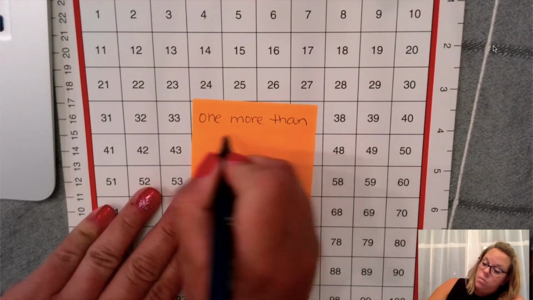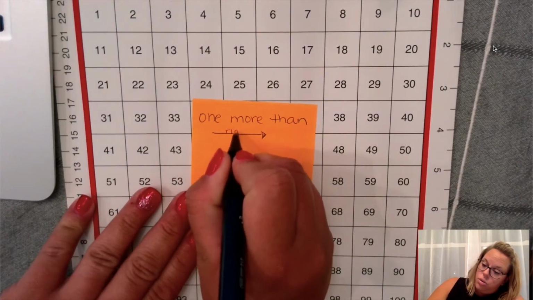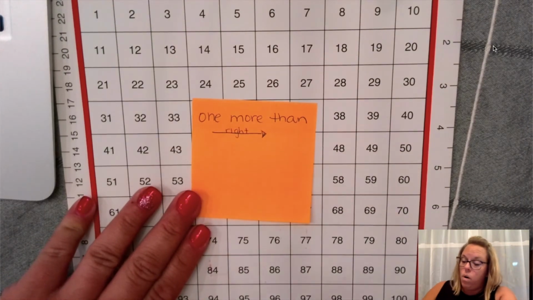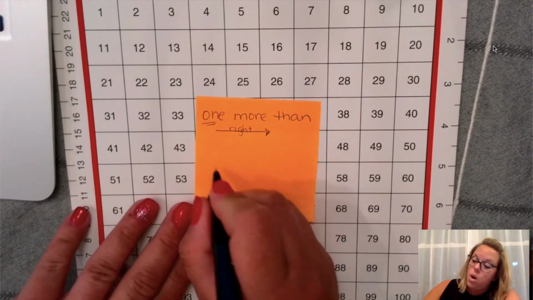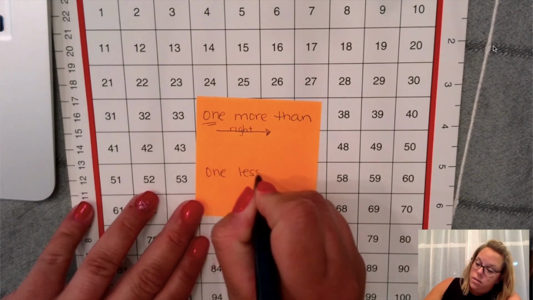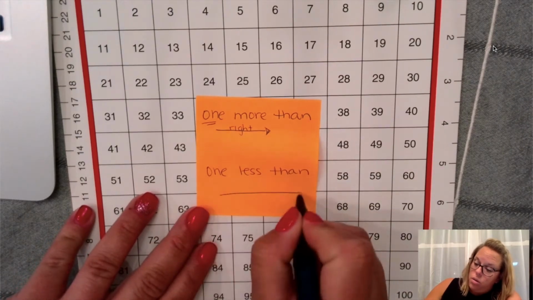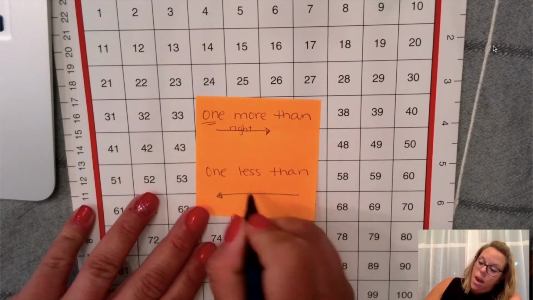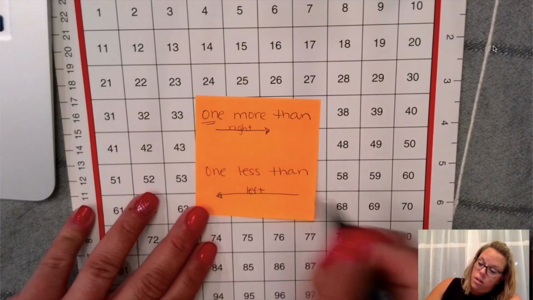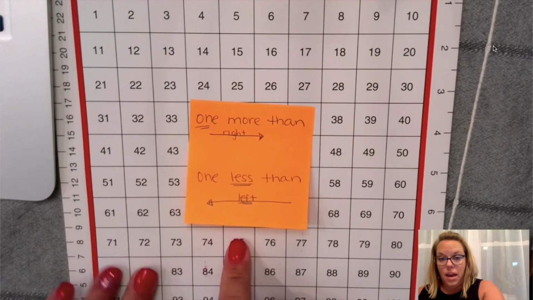And when you see one more than, you know that you need to go to the right one spot. When you see one less than, you'll know that you need to move to the left. Less and left.